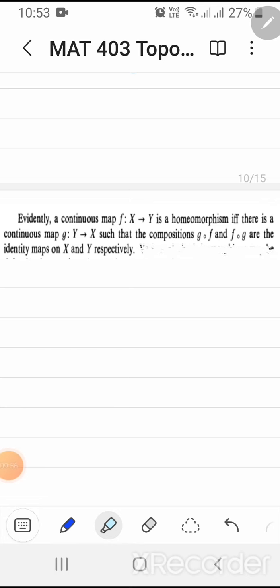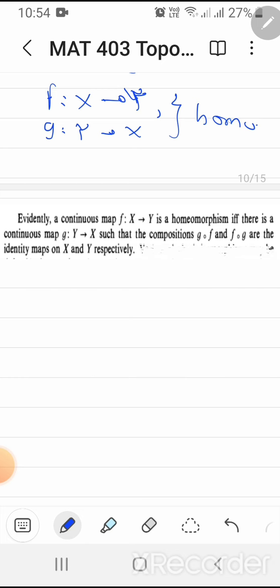Now the next result is: if we take two functions, f from X to Y, a homeomorphic function, and another function g from Y to X, another homeomorphic function, in the opposite direction, then the compositions f o g and g o f are identity maps.